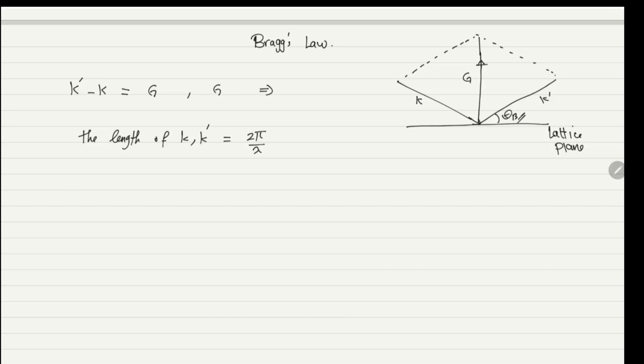The angle between the forward directions of the two waves, the incident and the reflected, or the incoming and outgoing waves, is equal to 2 theta B. And remember, only a few values of theta B can give rise to diffraction. As we mentioned before, not all the incident wave will be diffracted.